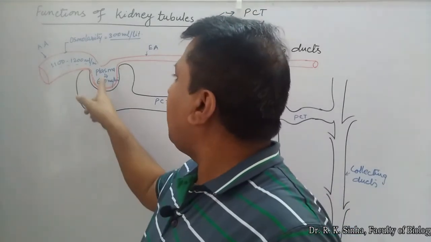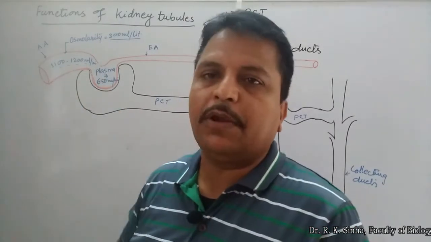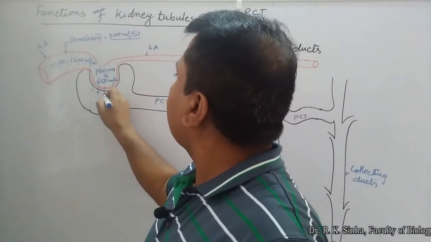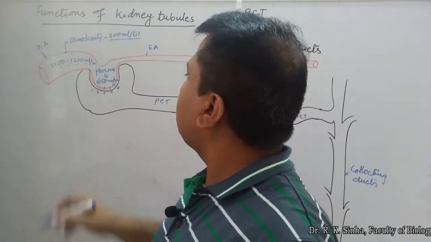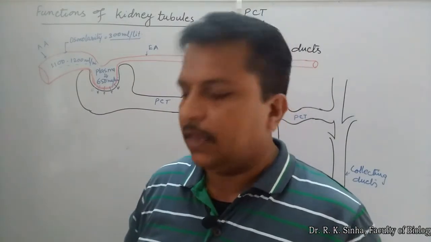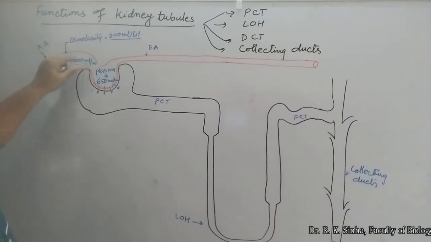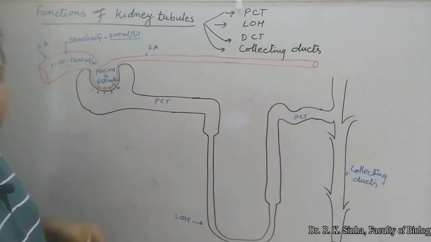So renal plasma will be filtered through this glomerulus. We have already studied this in the earlier video. Out of 1100 to 1200, 650 is renal plasma passing through this glomerulus, and that will be filtered.